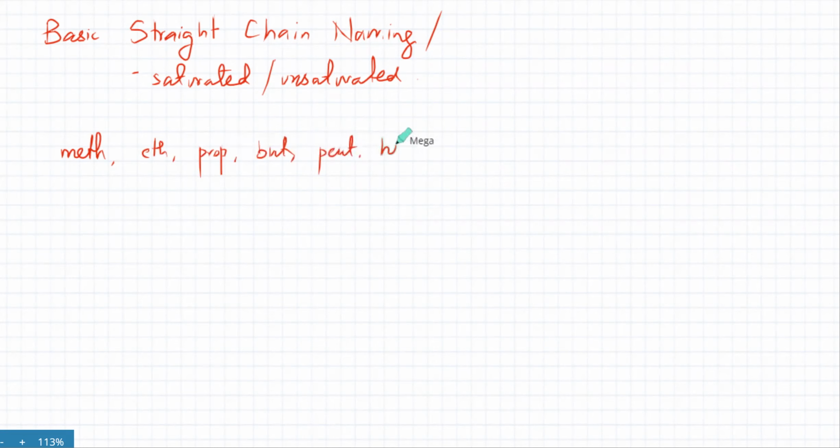After pent, there's going to be hex, then hept, then oct, which is for 8, and then you'll have non and dec. So this represents the number of carbon atoms in that straight chain. 2 carbon atoms, 3 carbon atoms.